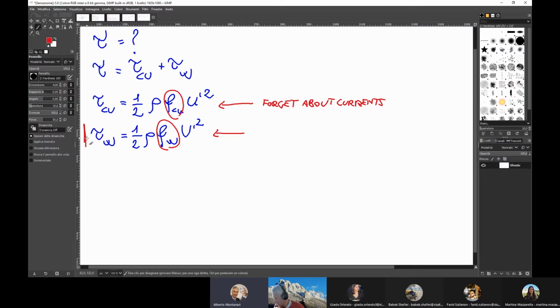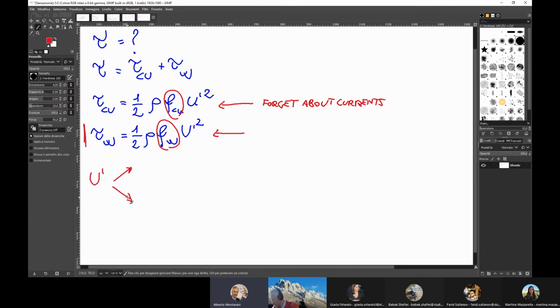TW, and so how to estimate the velocity of water against the structure. So there are two ways. So about U, capital U prime, there are two ways.